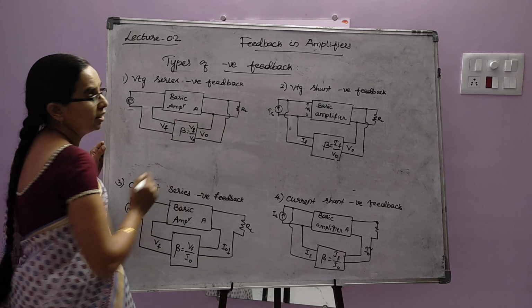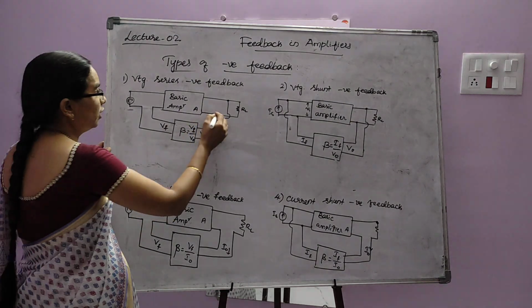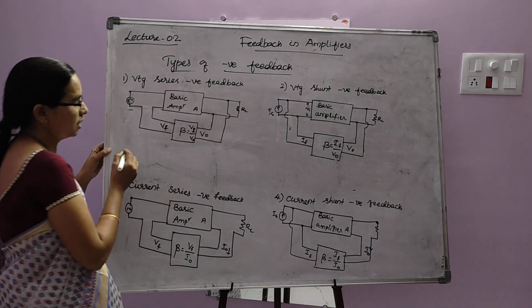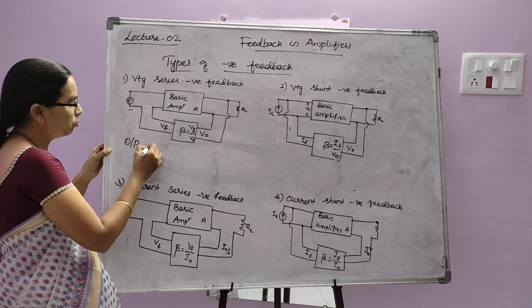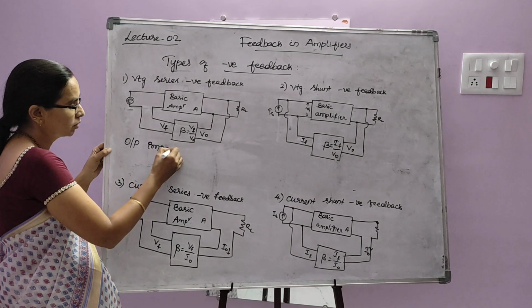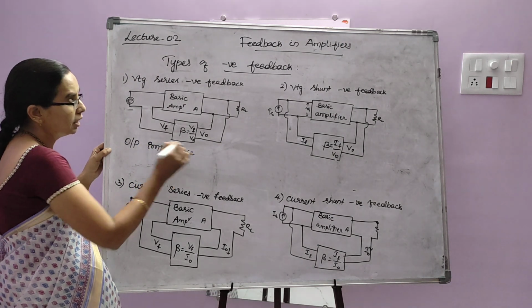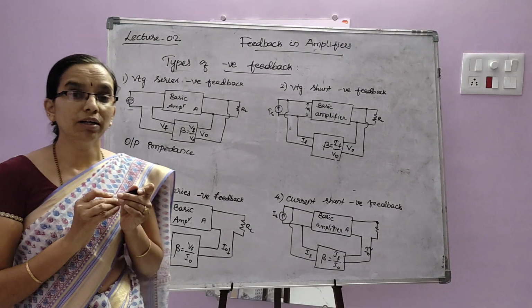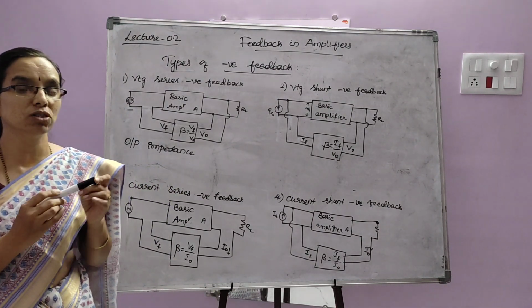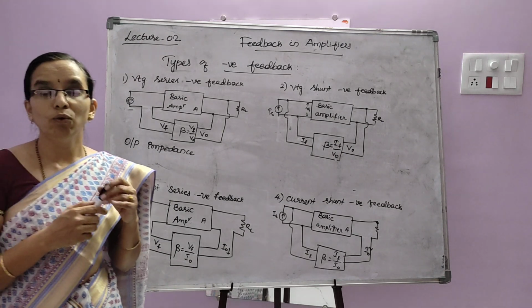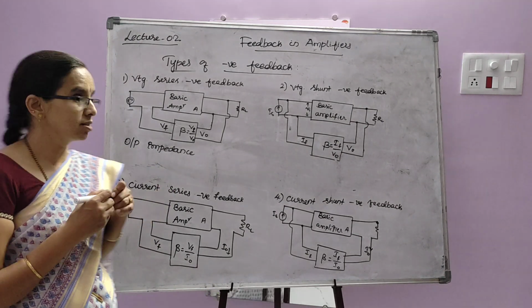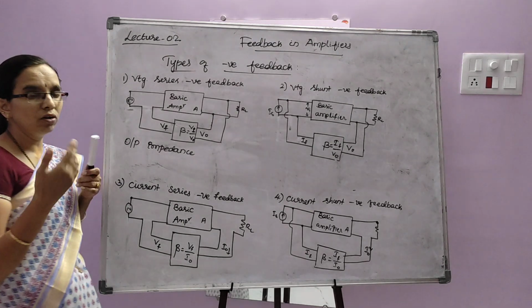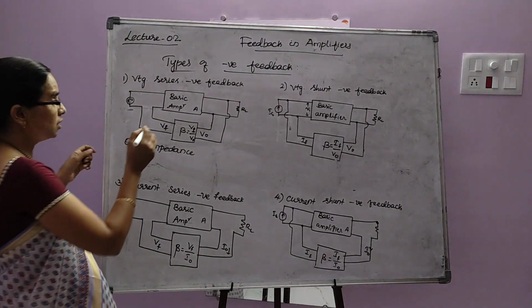On the output side it is parallel connection, therefore in voltage series negative feedback, output impedance... As we have said, by the feedback connections in the amplifier, we can modify the input and output impedances depending on our needs.